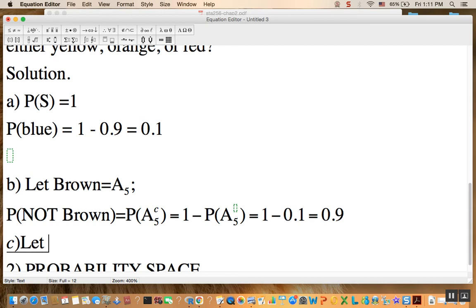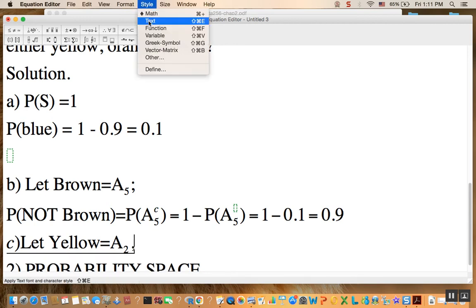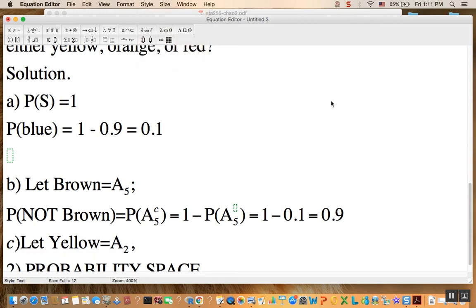Let yellow be A2, A3 will be red, right? And orange will be A4.